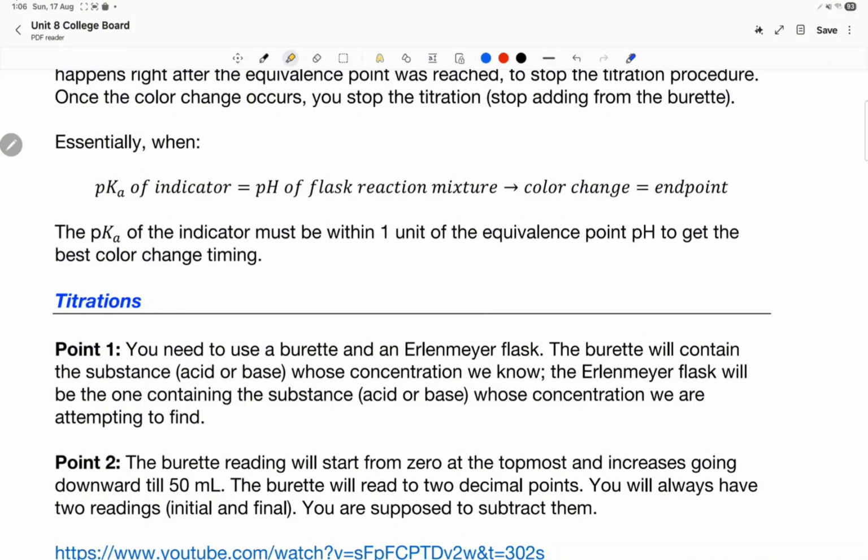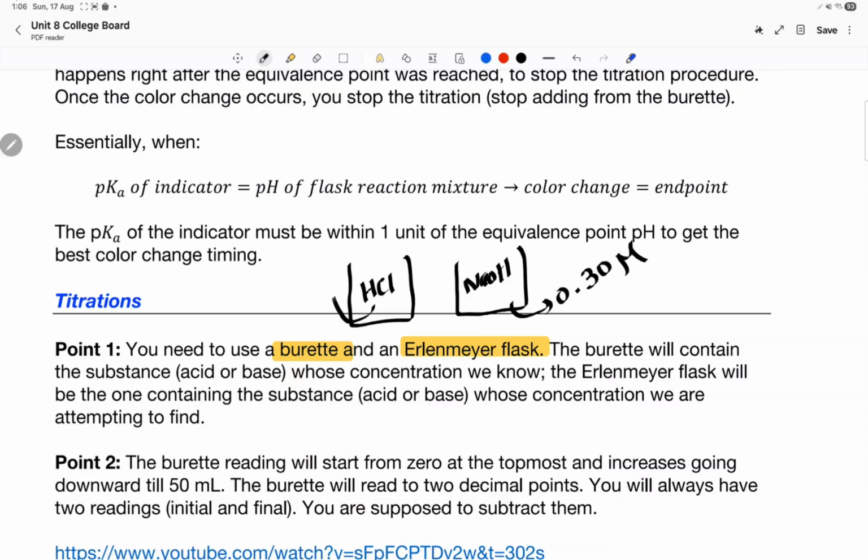Now, when you carry out a titration procedure, you have to use a burette. You also have to use a flask. So, if you recall the example of the HCl and the NaOH, I knew that the NaOH was 0.30 molarity, but the HCl was unknown molarity. In this situation, the one with the known concentration will go inside the burette.